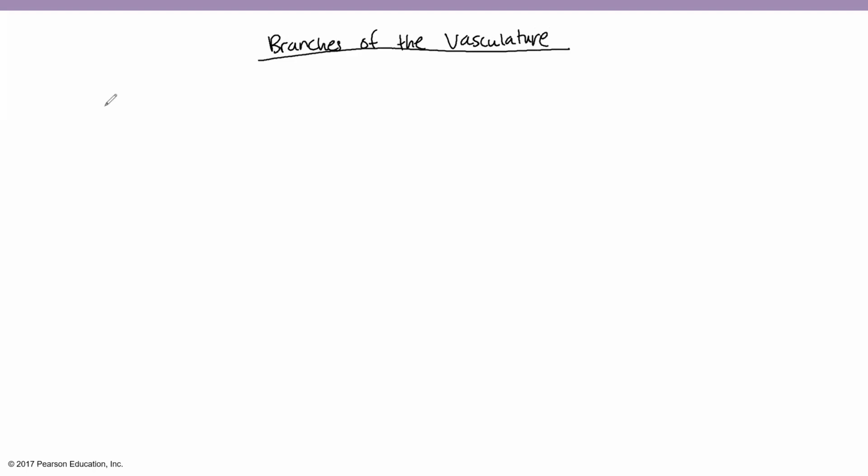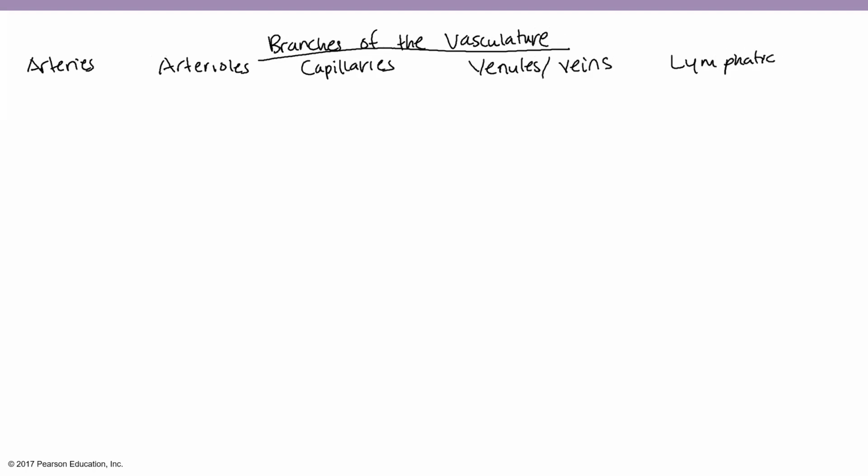We'll start with arteries, arterioles, capillaries, venules, and veins. We'll lump those together, not much to say here. And then lastly, lymphatics. Again, not too much to say about lymphatics. Let's put some lines here, and then we'll fill these in.